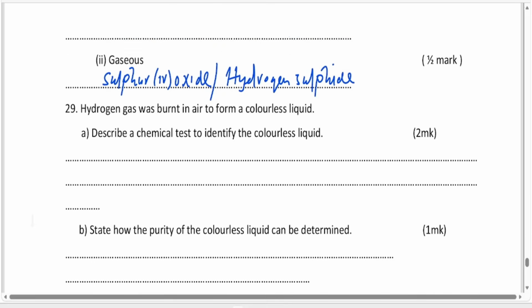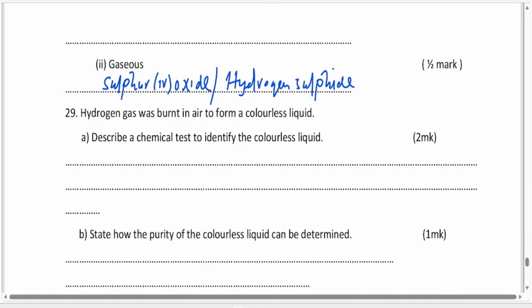Question number 29. Hydrogen gas was burnt in air to form a colorless liquid. Describe a chemical test to identify the colorless liquid. So when we burn hydrogen in air, we expect it to form water.